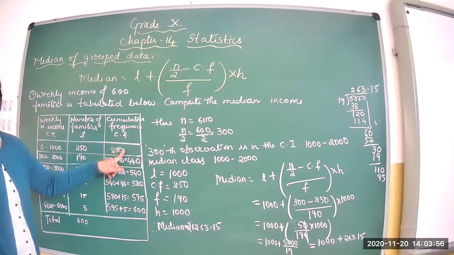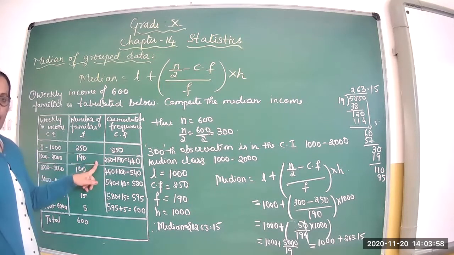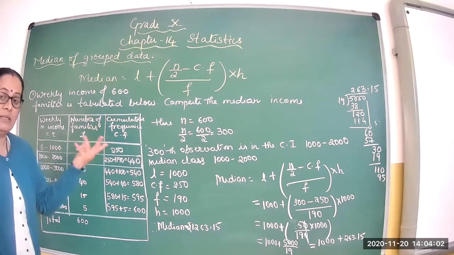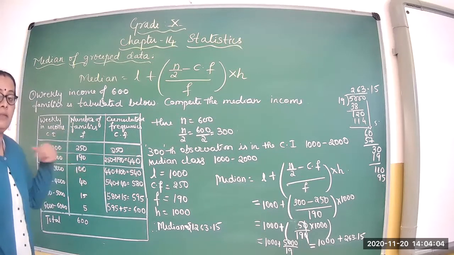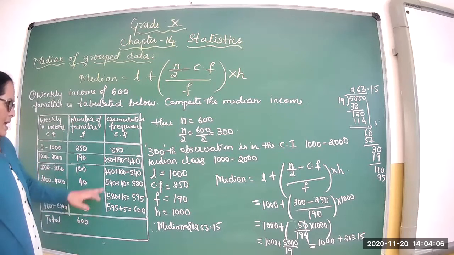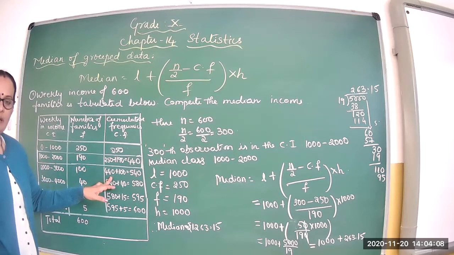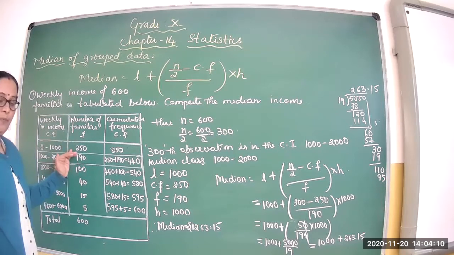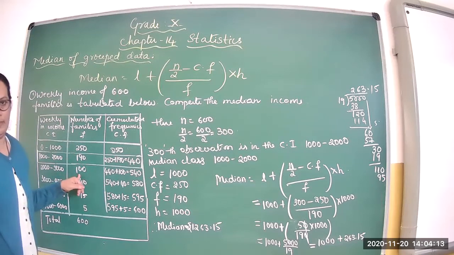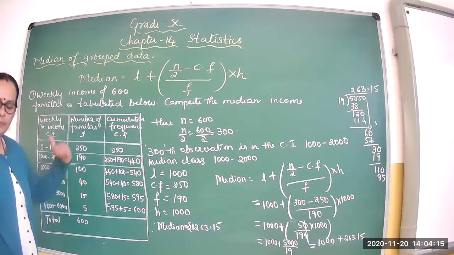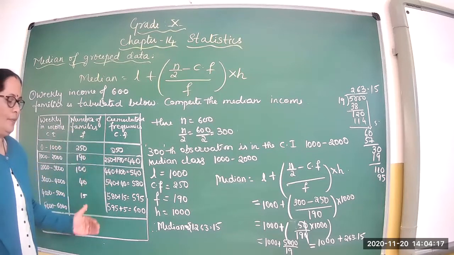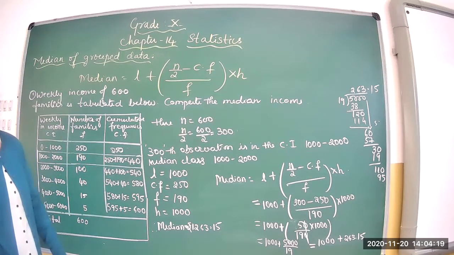The first cumulative frequency is as usual, the second cumulative frequency is the sum of the first frequency and the second frequency, and the third cumulative frequency is the sum of the first two frequencies with the third frequency.